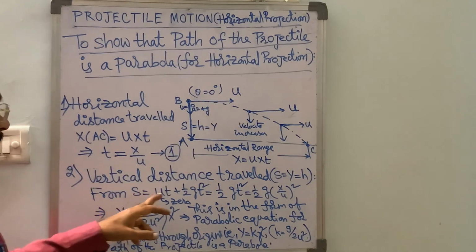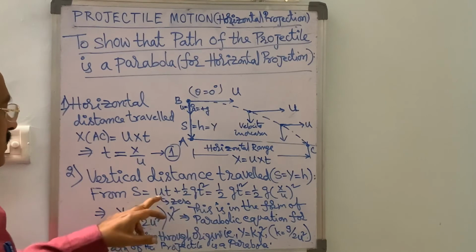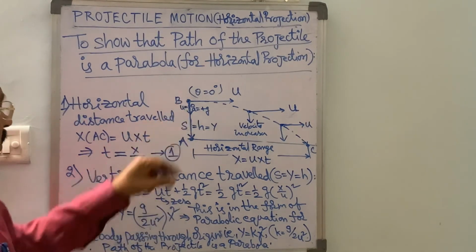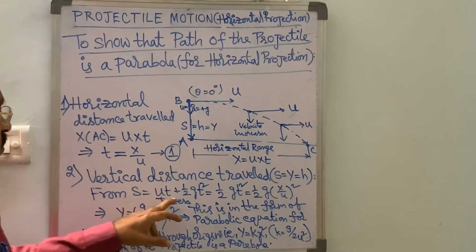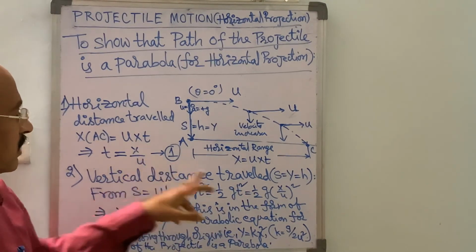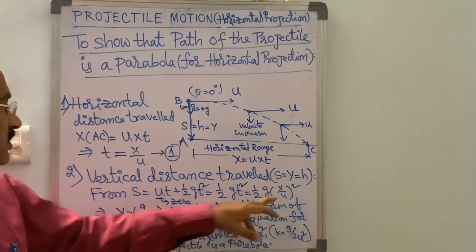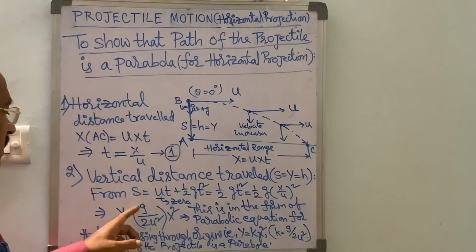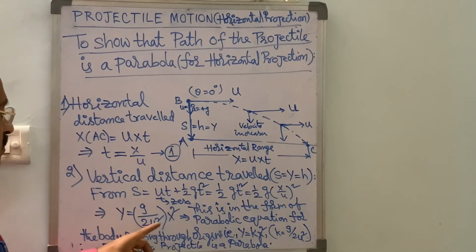So from the equation s = 1/2 g t², since the initial velocity is 0, t = x/u from the first equation, therefore y = 1/2 g (x/u)², so y = g/(2u²) x².